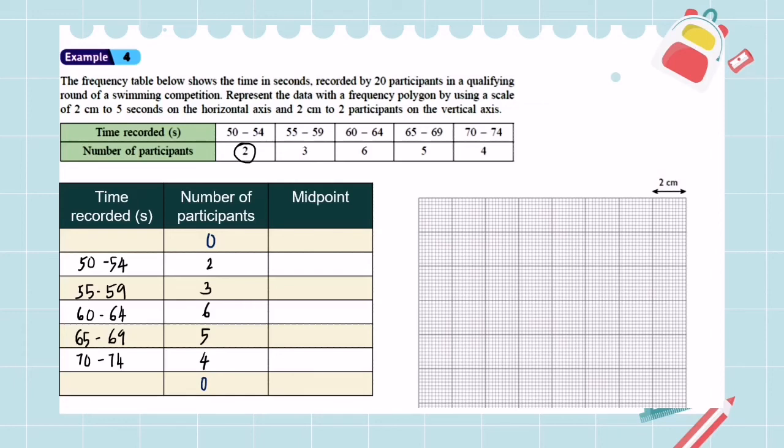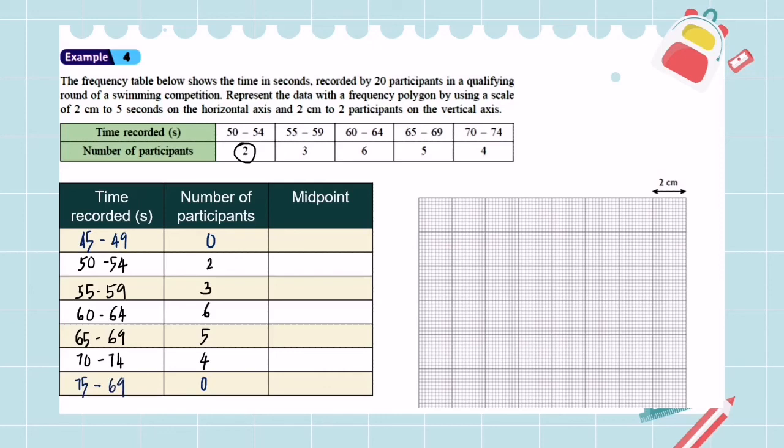So what is the class interval before 50 to 54? Before 50 is 49, right? So 45 to 49. Here 74, after 74 is 75. So 75 to 79.